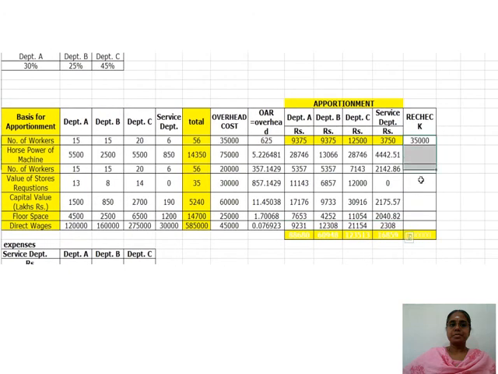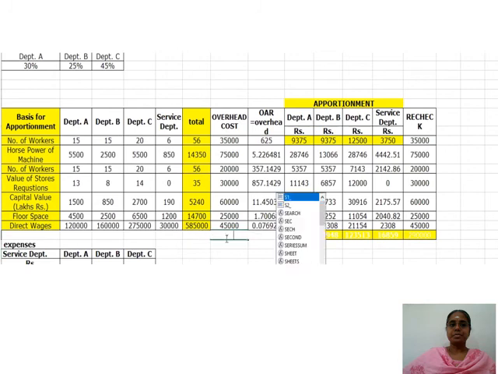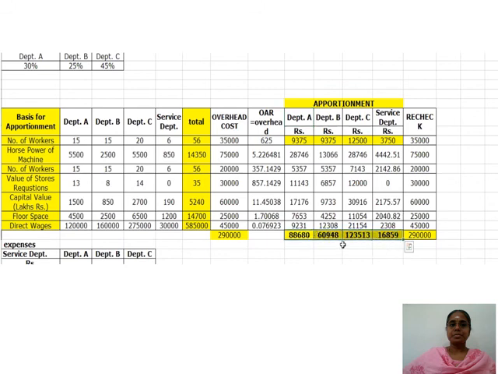Pause, do on your own, then recheck, and finally we can see if the total overhead cost, sum of this overhead total should be equal to the final here, this total, and you have to find the total for all the departments also. You have this is the apportioned value. This is 70% of your results are obtained. You have apportioned the various overheads and found the total for department A, department B, department C and service department.